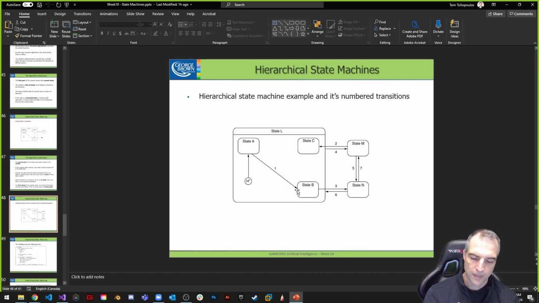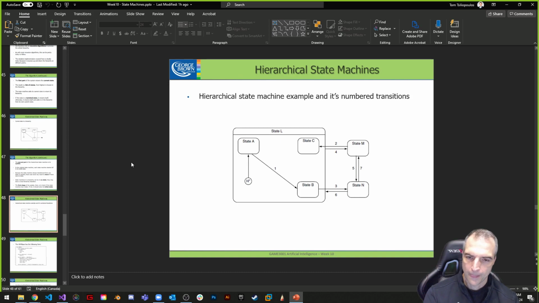We can then take transition 3 to go to state N outside of state L. And from here, the only place we can go is through state M back to state C. One thing that's missing here is a transition that takes us back to state A, which would be a way of getting a full loop, or round trip, back to the initial state L.